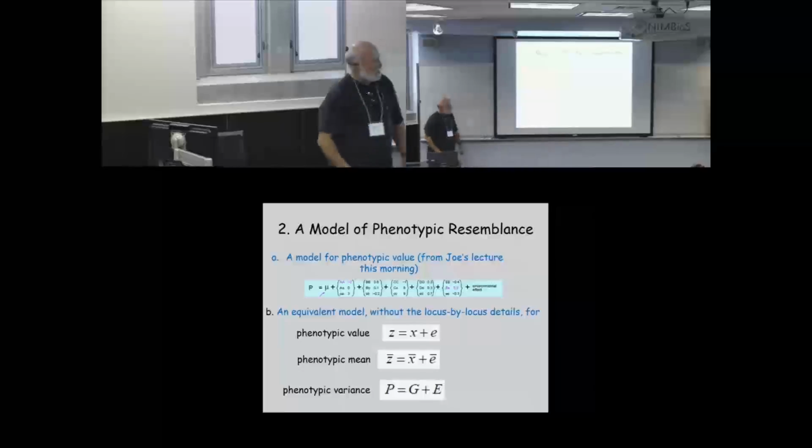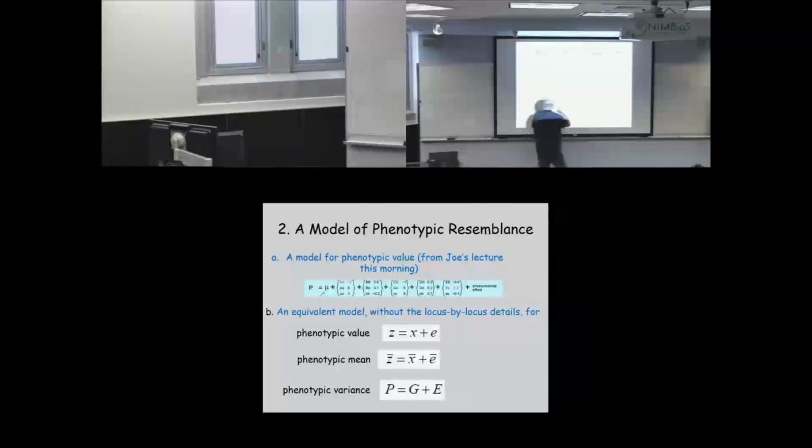Okay, now we're going to change notation, and henceforth in my lectures, I'm going to always call phenotypic value Z, following Lande's notation, Lande's paper. And we're going to think of phenotypic value as composed of just two things, an additive genetic value and an environmental contribution.